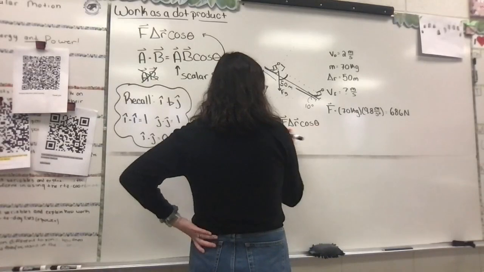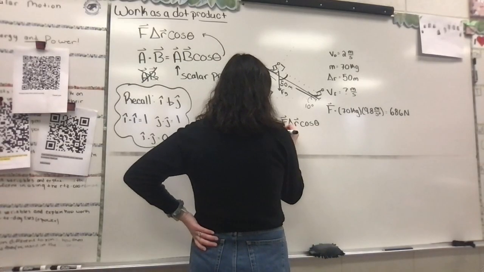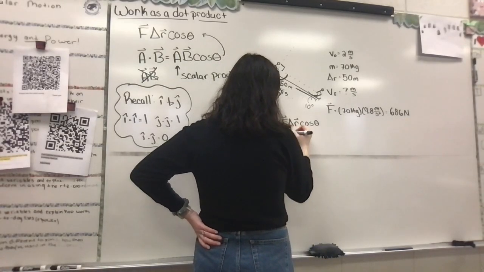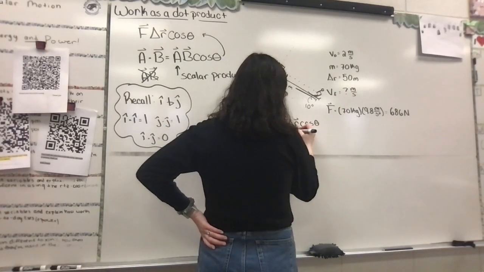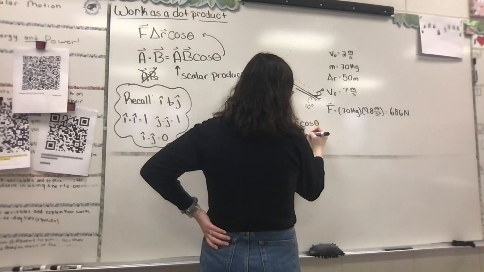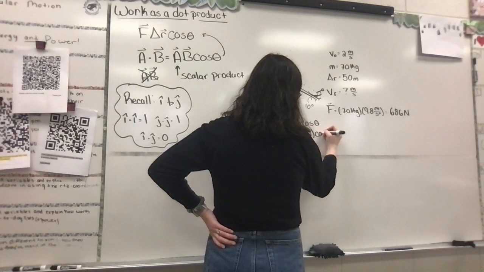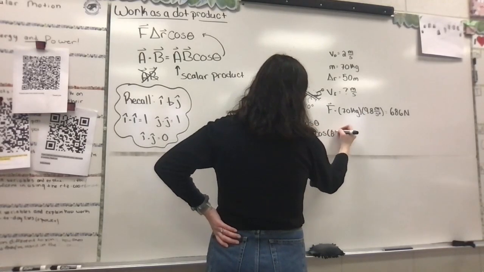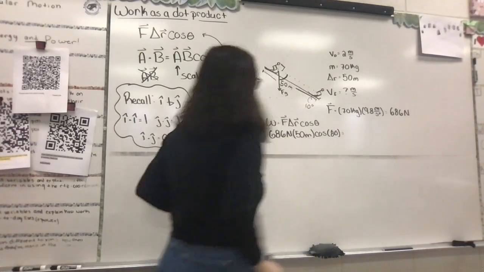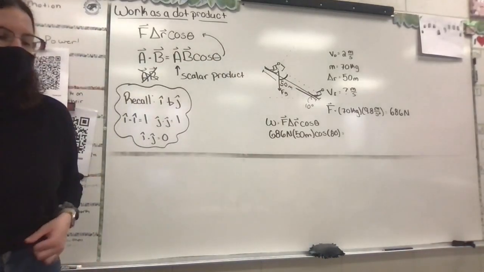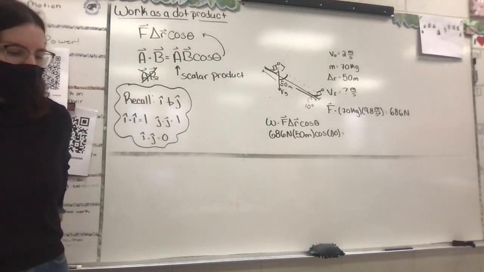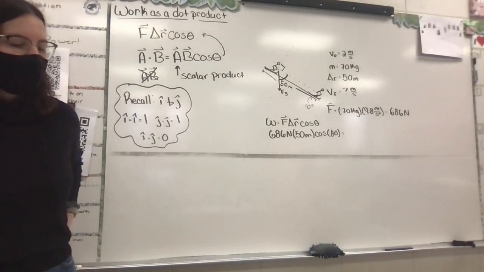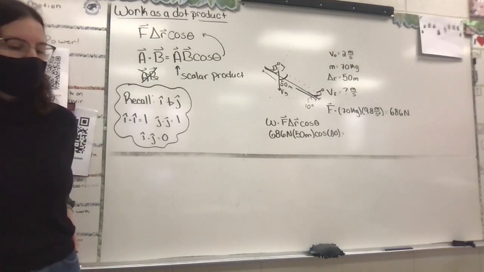So when we plug this in, we're going to want to have 686 newtons times our delta R of 50 meters cosine of 80. So what do we get as our work?